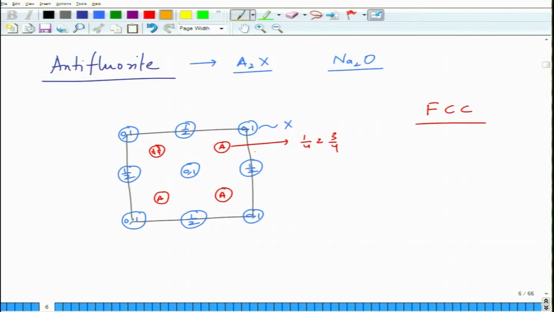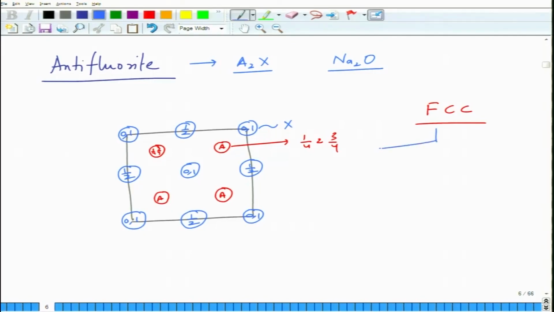Similarly here, it would be again an FCC lattice, but instead of fluorine making 2 FCC lattices, now the sodium will make 2 FCC lattices, and the anion will make only 1 FCC lattice. So, lattice type is FCC. Okay.